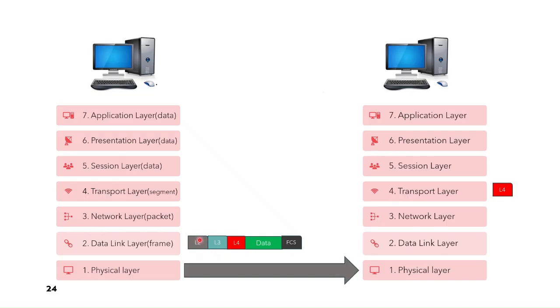It will encapsulate the layer 3, layer 4, including the data, with a layer 2 header and then an FCS or CRC. This FCS or CRC is used to check for errors when you eventually transmit the data onto the cable to the other end.